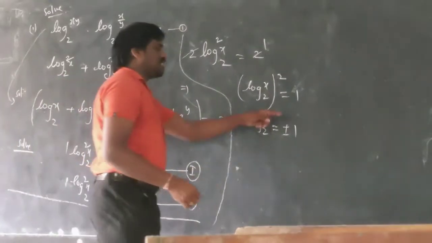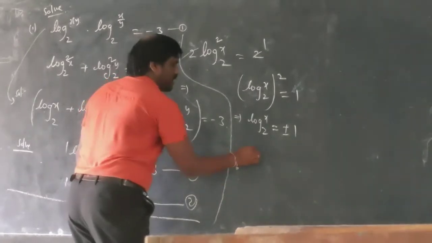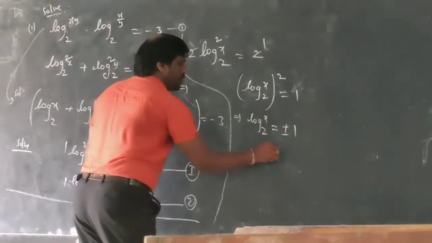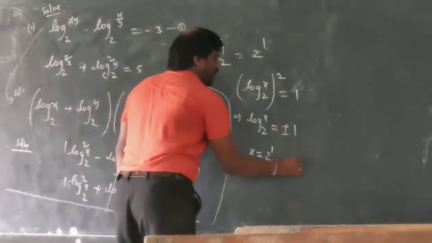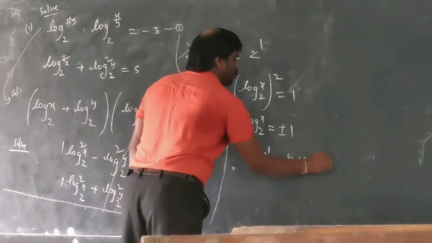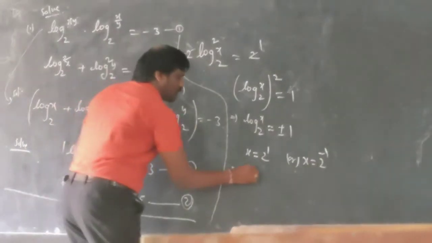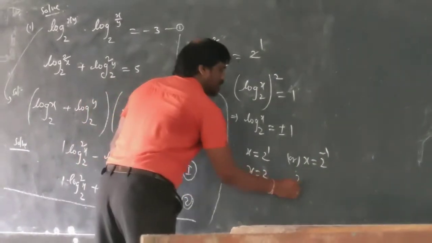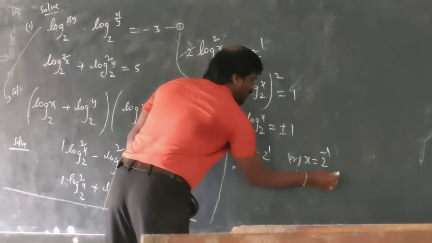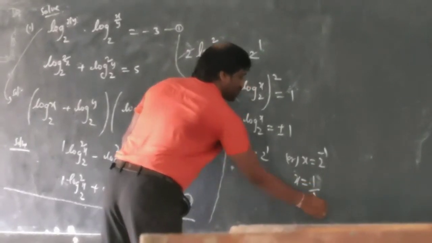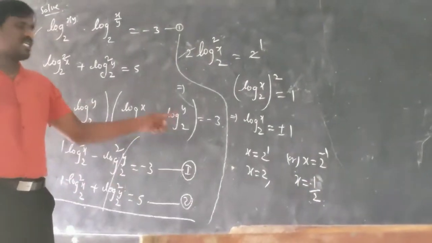Then if you convert this to exponential form, what am I going to get? X is equal to 2 power 1, or x is equal to 2 power minus 1. I converted to exponential form. So x is equal to 2, and x is equal to 1 by 2, since 2 power minus 1 can be written as 1 by 2. So I got the x values.